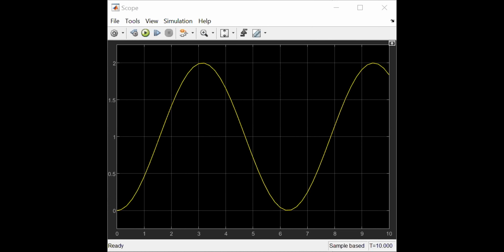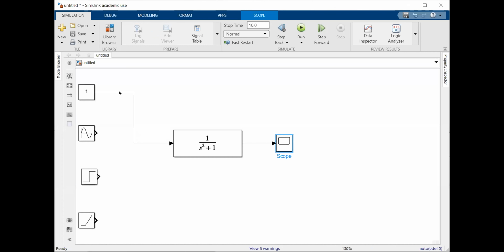Next thing, what I'm going to do is attach the sinusoidal signal. So check this out. I am going to go back to my canvas. You should be seeing my canvas. Take this connection out and then attach this to the sinusoid.